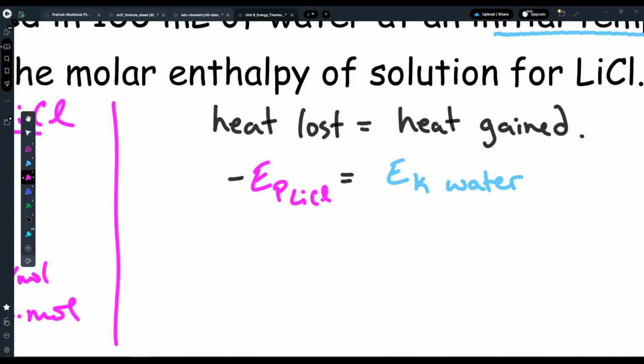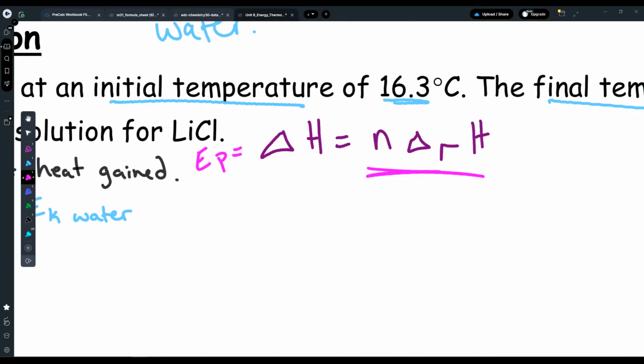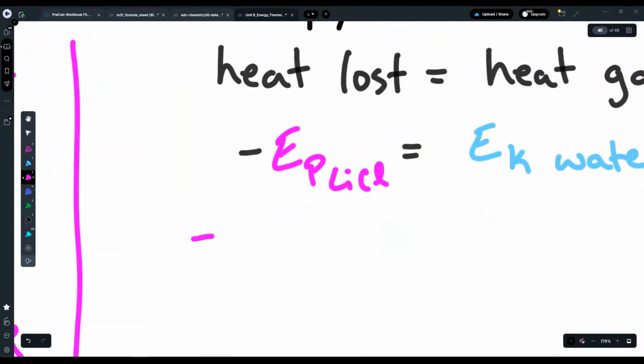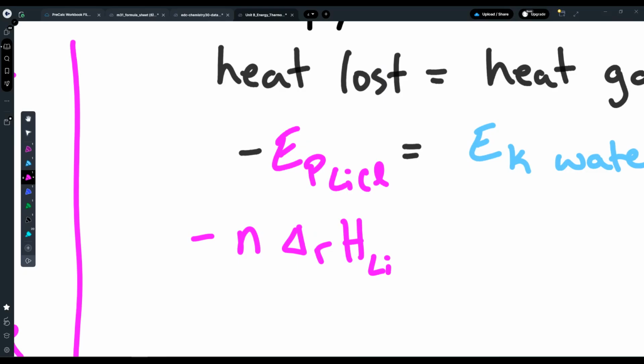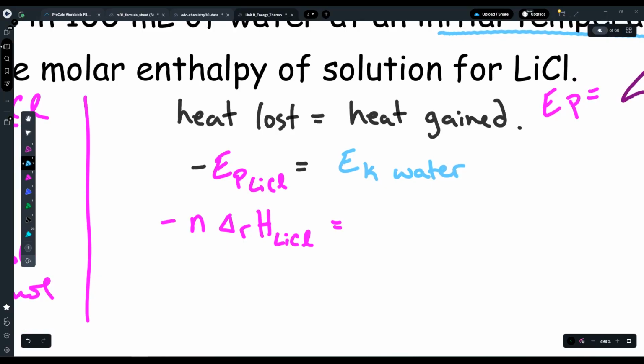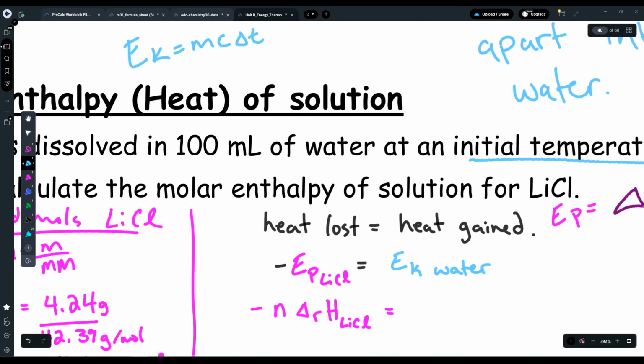I'm going to expand both of these terms on the left and right hand side of our equation. Potential energy is equal to the change in enthalpy, which is equal to moles times the molar enthalpy of reaction. This is all for lithium chloride. Kinetic energy can be expanded as mass times specific heat times the change in temperature.